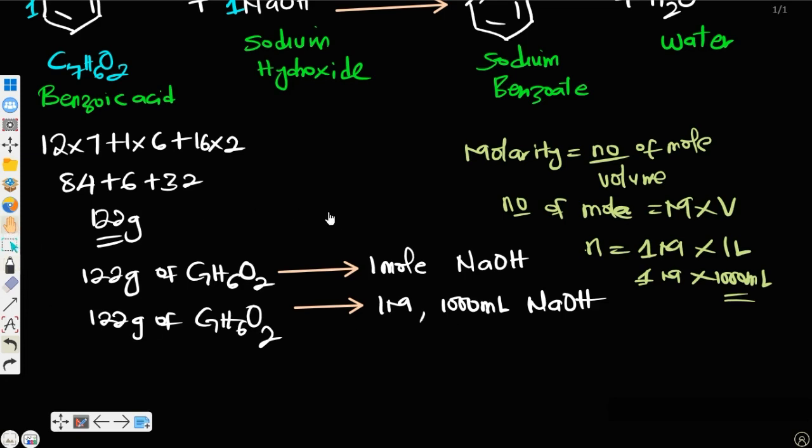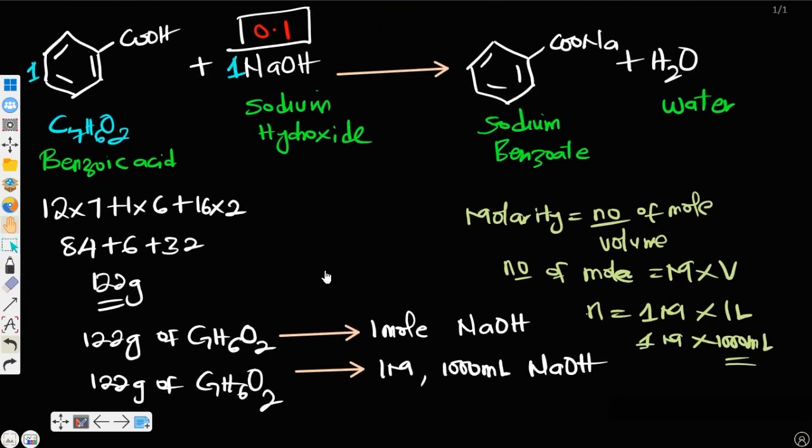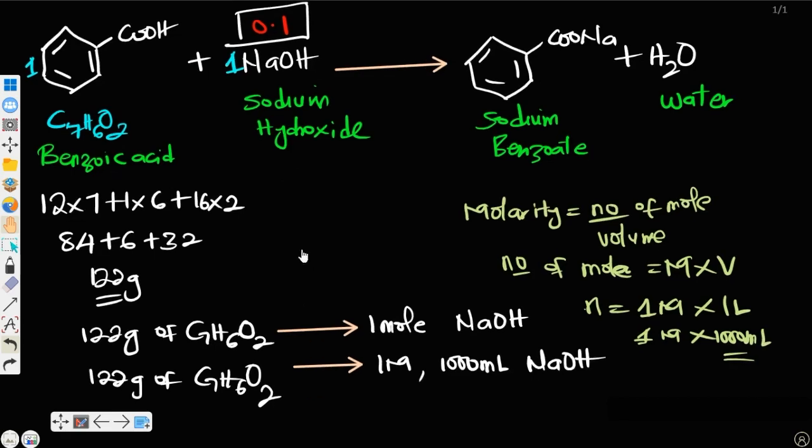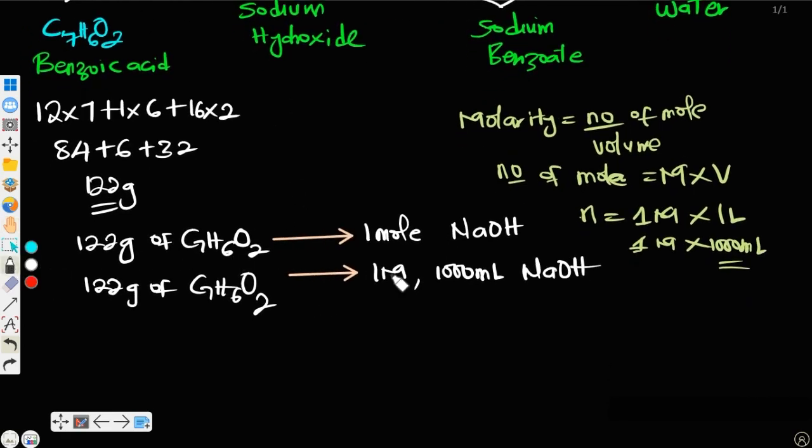You are now going to go back and look at this. The molar concentration of sodium hydroxide given in the question is 0.1 molar sodium hydroxide. So you are now going to come here and divide this by 10, right? Because 1 divided by 10 is going to give us 0.1. And when you divide by 10, of course, you also divide here by 10. So this cancels this, and this is going to give us 12.2 gram of what?